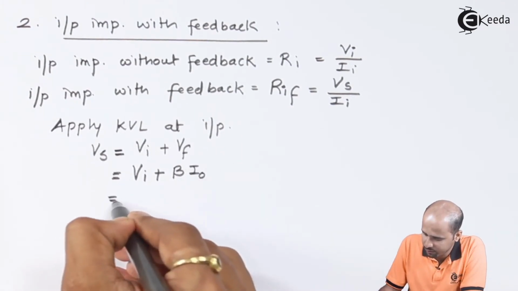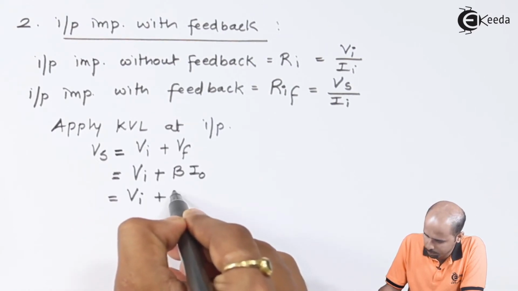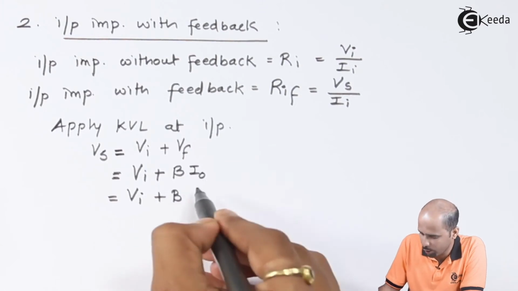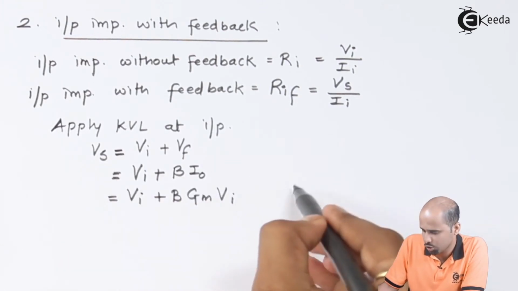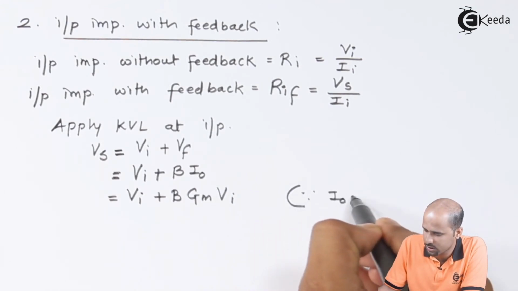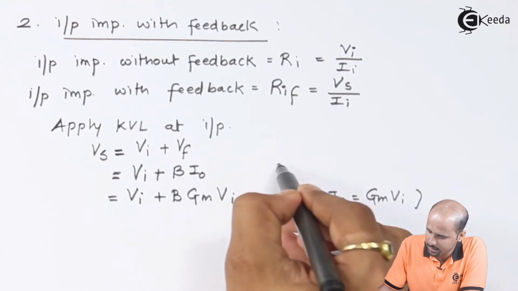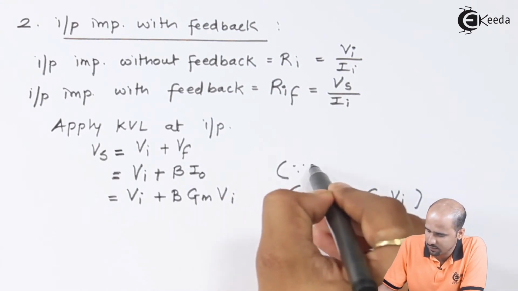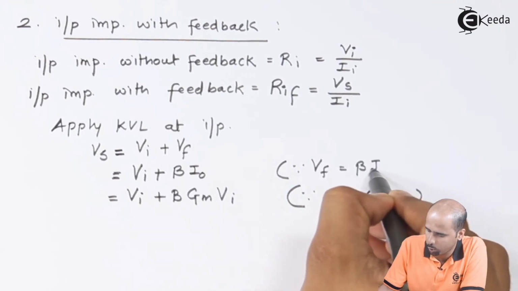So I will write that formula Vi plus B. What's the value of Io? Io is nothing but Gm into Vi. Okay, so here you can write in a bracket that Io is equal to Gm into Vi, and you can write Vf is equal to B into Io.